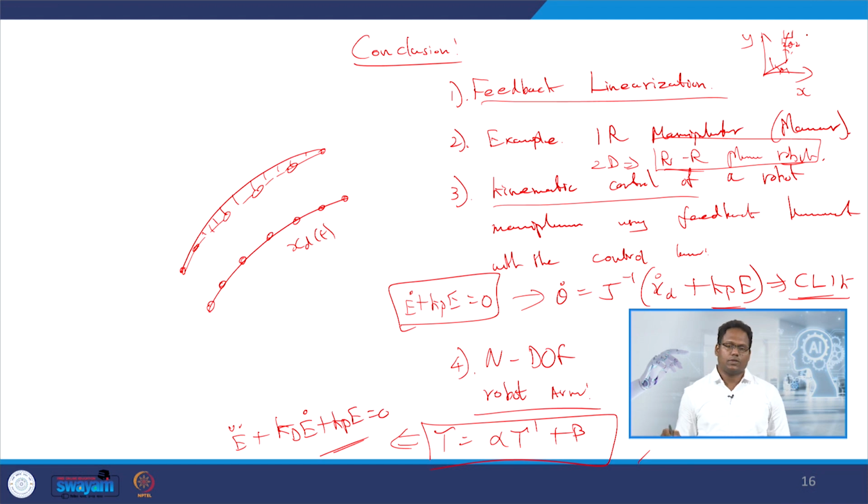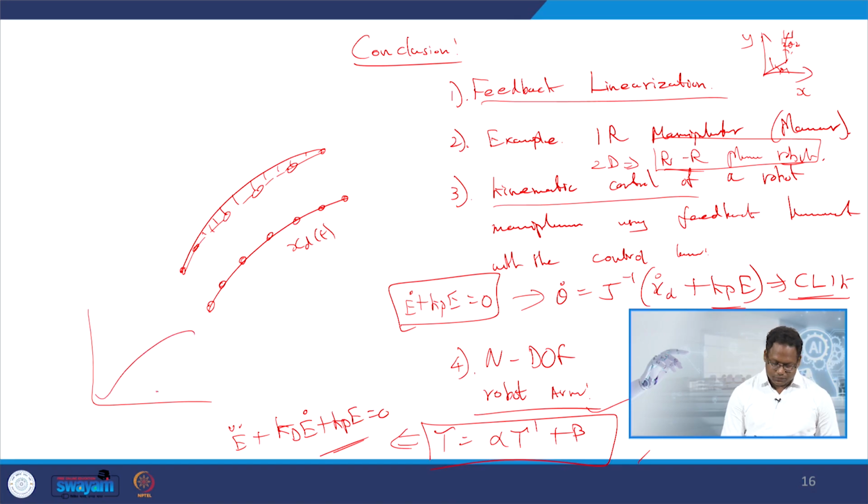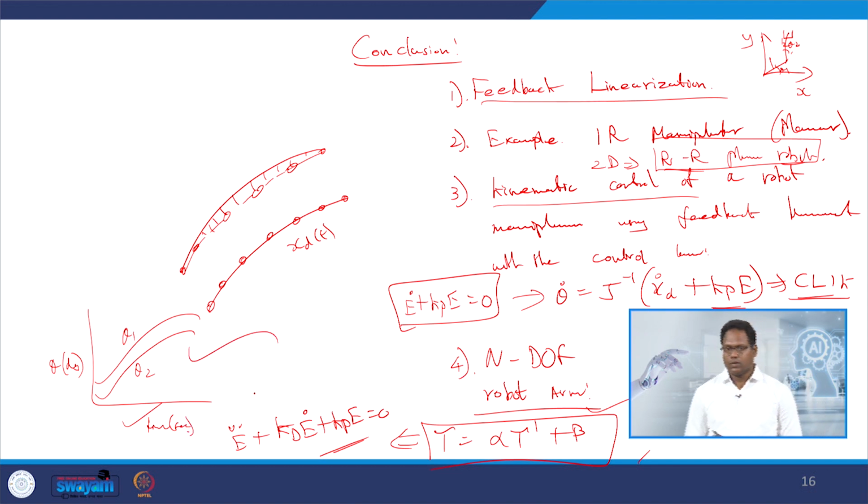If you have the dynamic model of such a 2 link planar manipulator, you can try the partitioned controller tau equal to alpha tau dash plus beta, and try to have the trajectories for both theta 1 and theta 2 match perfectly, with theta in degrees and time in seconds. That is all. I stop here.